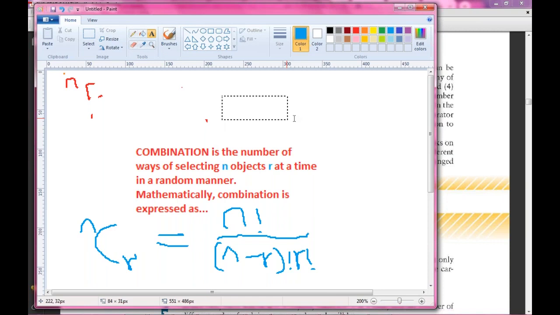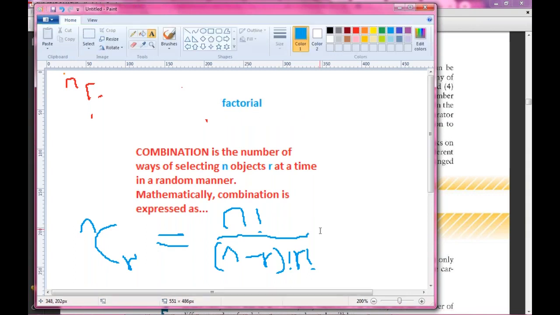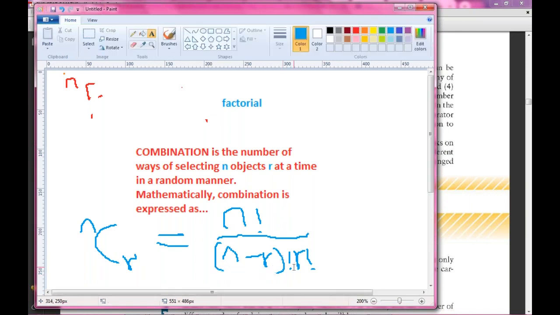So mathematically, combination is expressed as nCr, which is equal to n factorial all over open bracket n minus r close bracket factorial multiplied by r factorial.